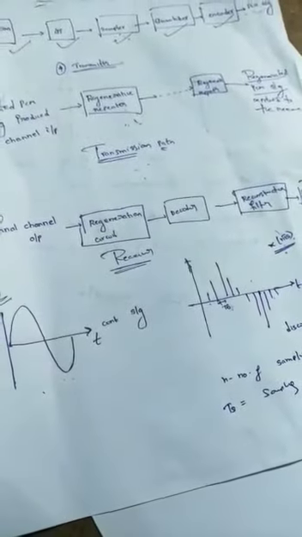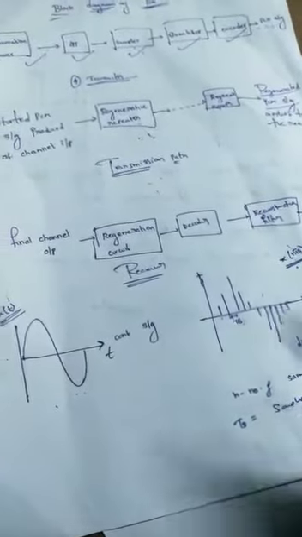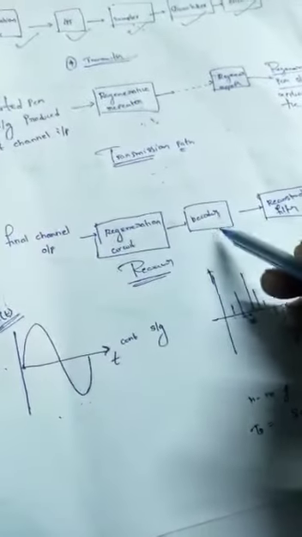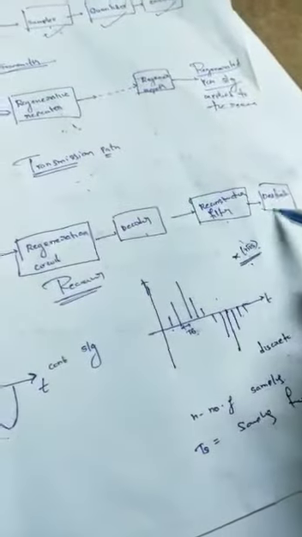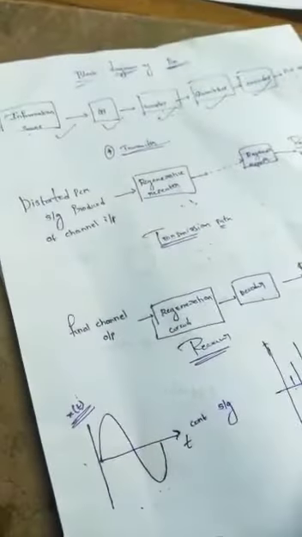The reverse operation means again the signal is amplified here. After that, we go for the decoding process, and then reconstruction. After that, we go to the destination. Again, the analog signal appears here. This is called the block diagram of PCM.